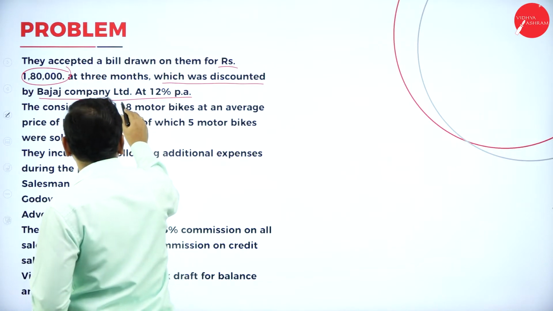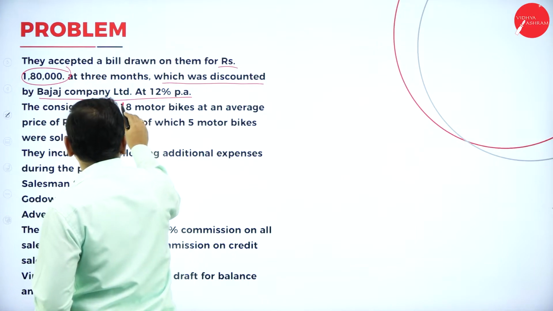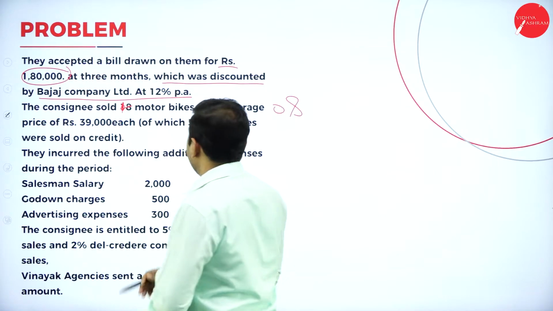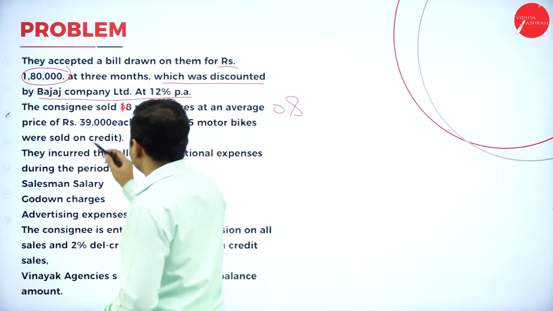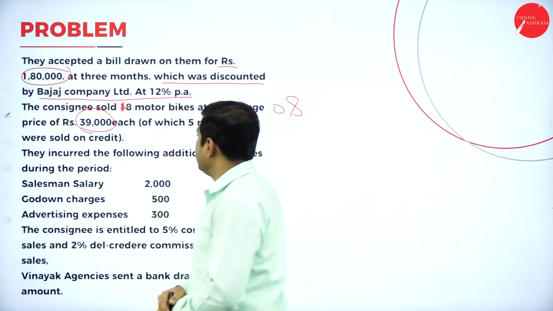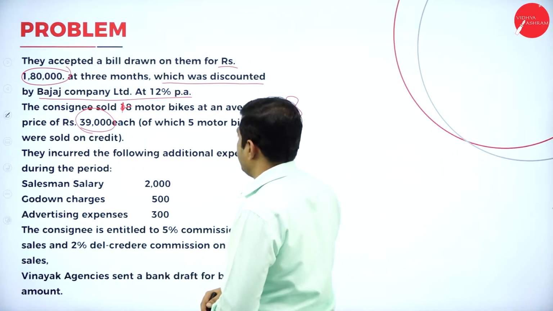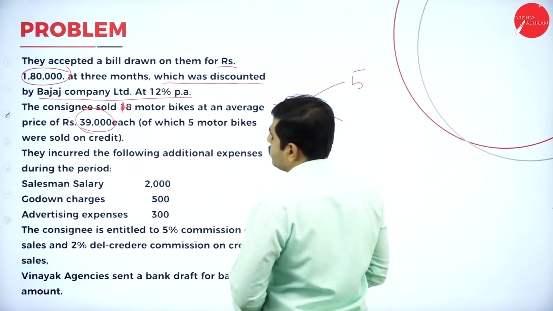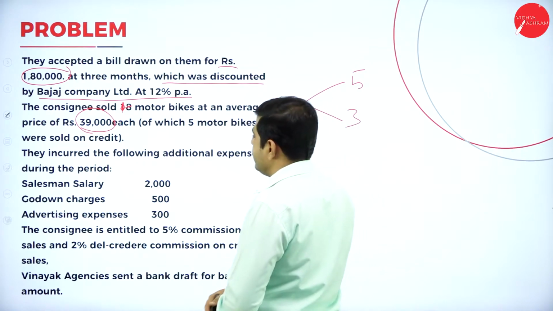The consignee sold 8 bikes at a price of 39,000 each, of which 5 motorbikes were sold on credit. So the remaining 3 he sold on cash basis.